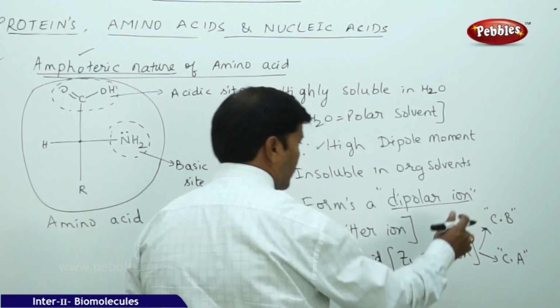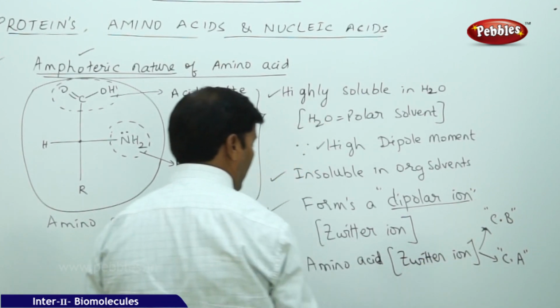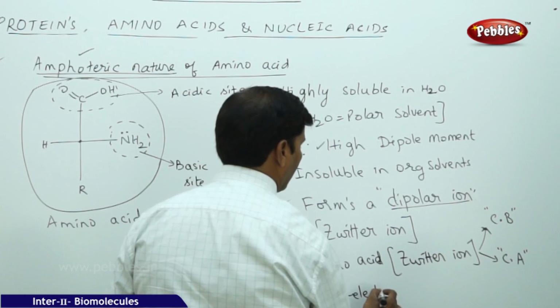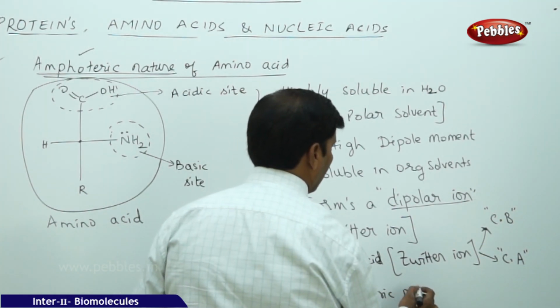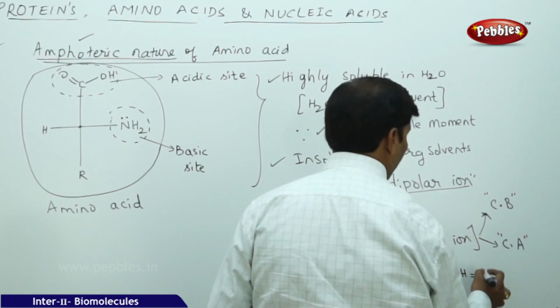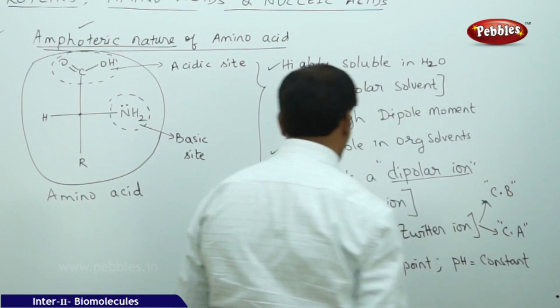This conjugate base and conjugate acid of the amino acid during the formation of the Zwitter ion is also understood in the form of the isoelectric point, where the pH of the Zwitter ion of the amino acid remains constant.